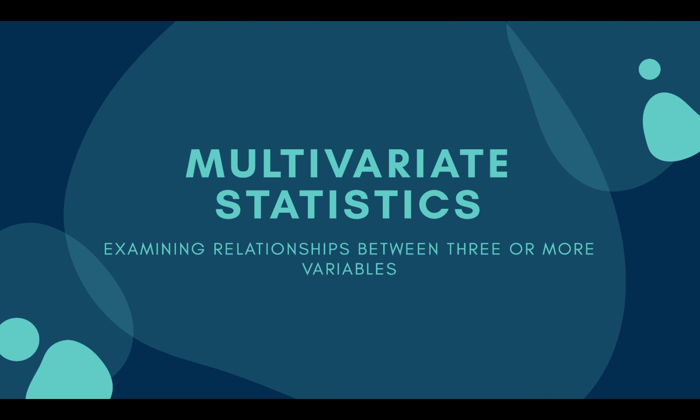That's the first criterion. The second criterion is time ordering: the X variable must precede the Y variable. So group membership must come before IQ score, and so on and so forth.